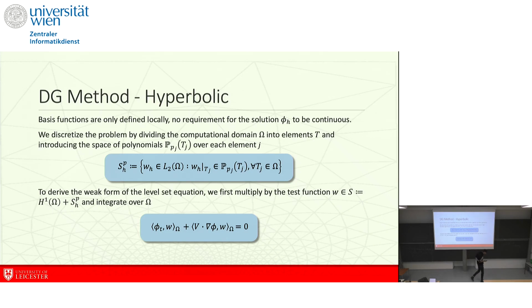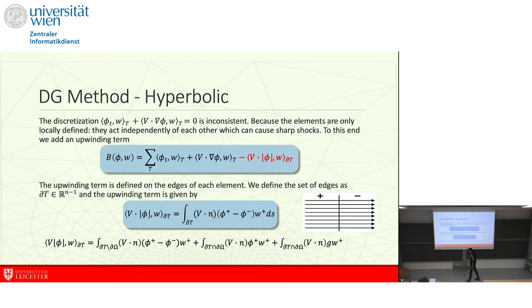But we will note that this is not consistent. The reason for that is because there is no communication between the elements. Effectively, the basis functions in a DG method are only locally defined, which will lead to possible shocks or oscillations. So what we need to do is add this upwind term here.